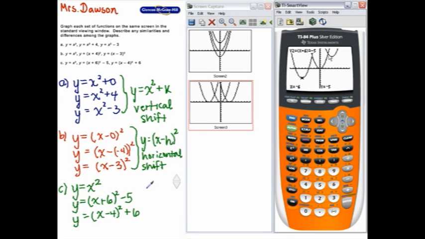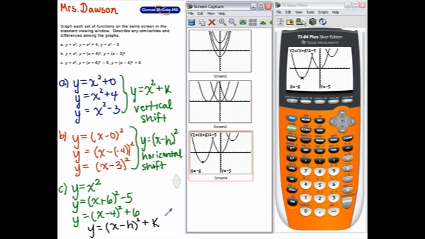And then the third one had a shift to the right 4 and a shift up of 6, which means our general form, if we put part A and B together, we have x minus h, where h is the horizontal shift, quantity squared, plus k, where k is the vertical shift. Let's take a picture of that.